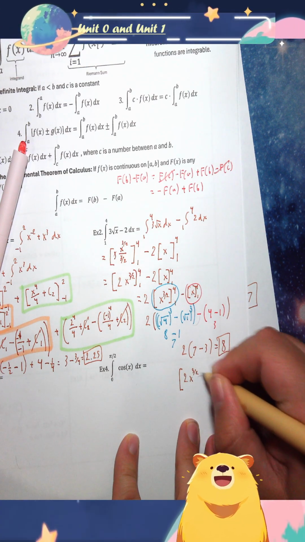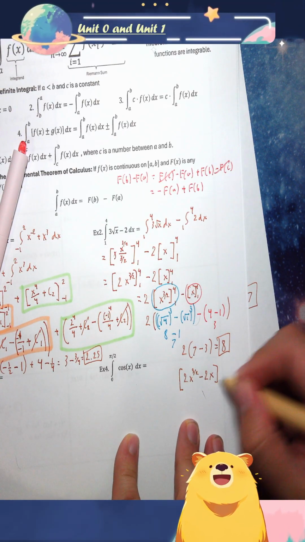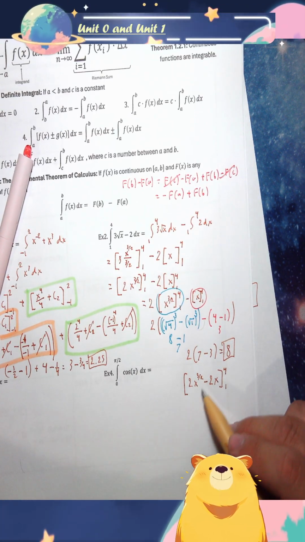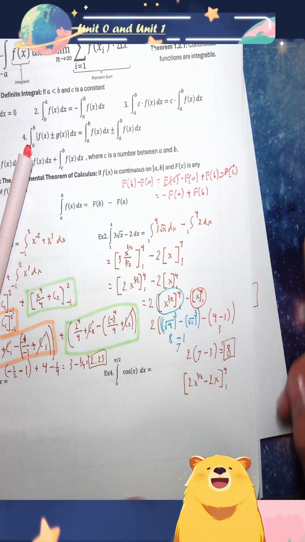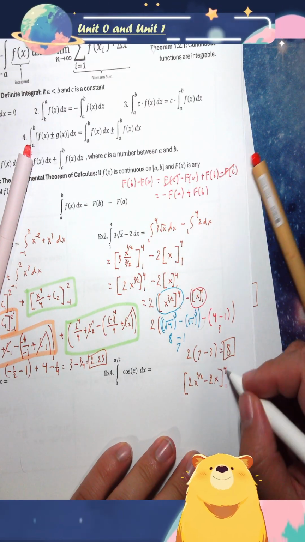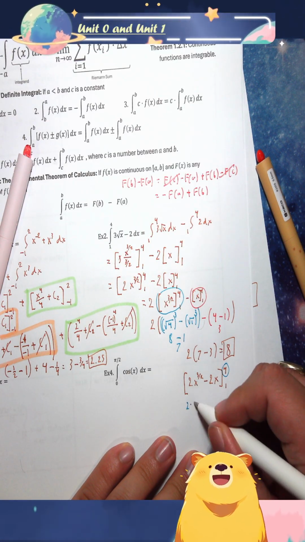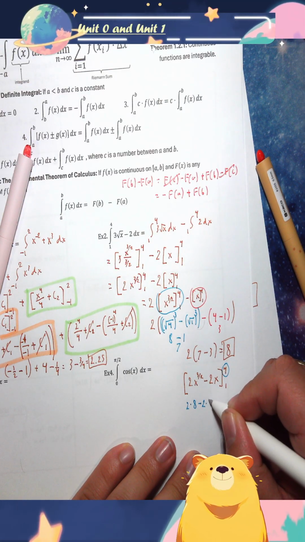2x to the power 3 over 2 minus 2x from here, and then you would get 4 for this, which is just 2 times 8 minus 2 times 4.